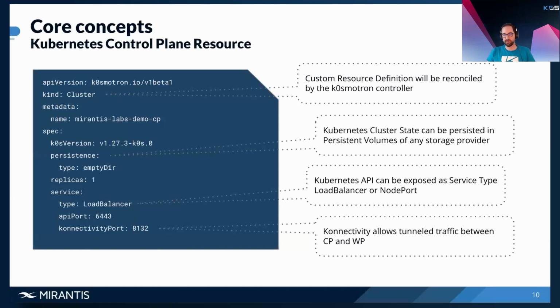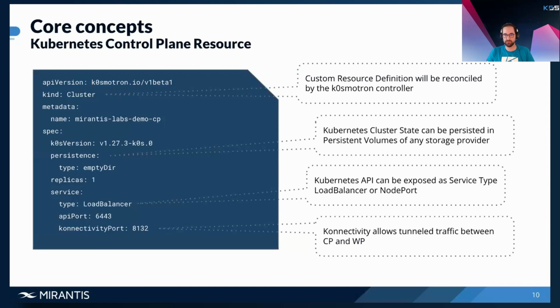And as mentioned earlier, we also have the service that will be exposing 2 ports, so the API port and the connectivity port. In this case, we have a Kubernetes service type load balancer, but of course, this can be a node port as well, or you can specify something for internal usage too.